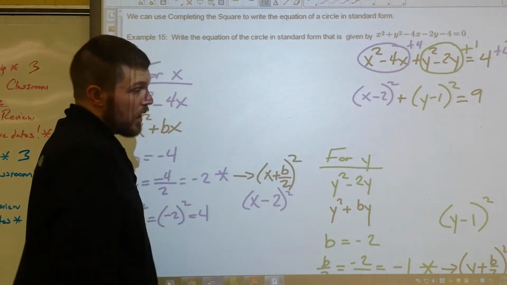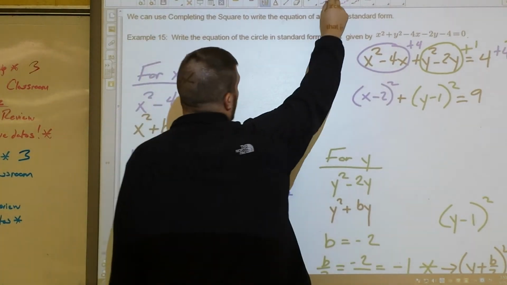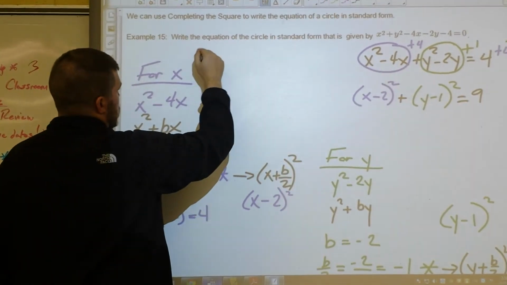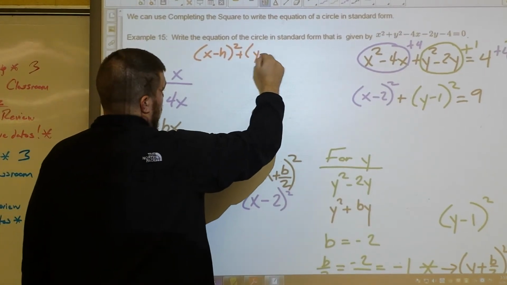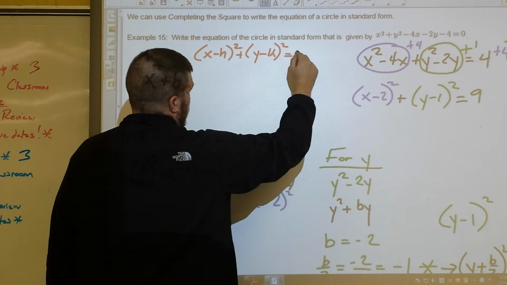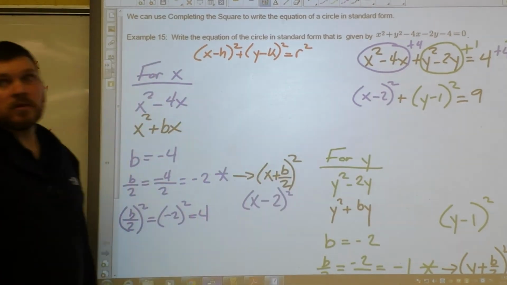Well good, I'm actually finished, because we were told to write the equation of a circle, and the rule for the equation of a circle is x minus h squared plus y minus k squared equals r squared.